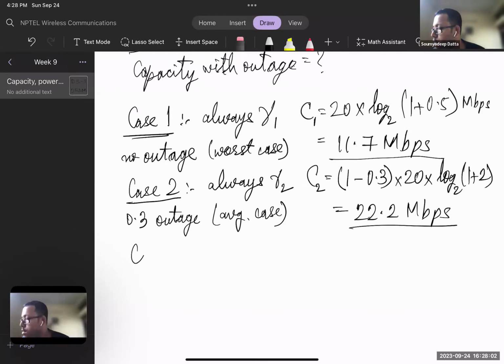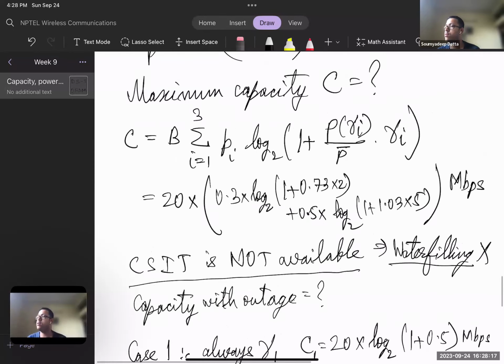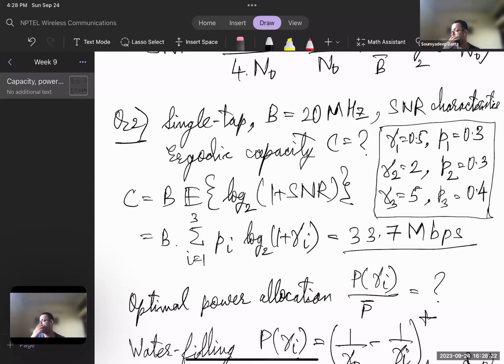Third is we will only serve when the channel is, so we'll say always, we'll assume best case, right? That the channel is always at gamma 3. So if it's not at this level, we will not even receive the signal.